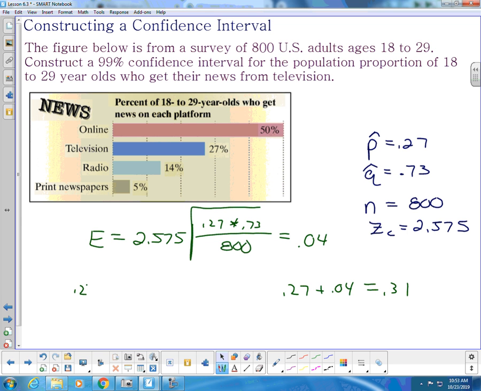If I take 0.27 and subtract 0.04, I get 0.23. Should round to 2 decimal places. So we are between 0.23 and 0.31, 23% and 31%. Okay, does that make sense?